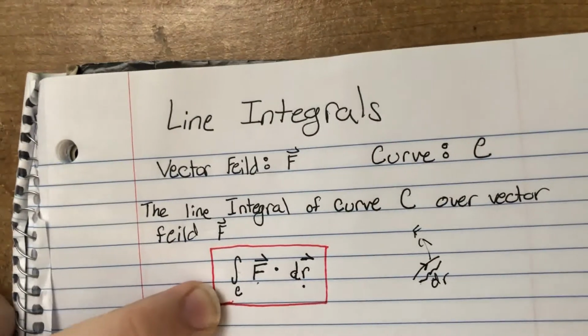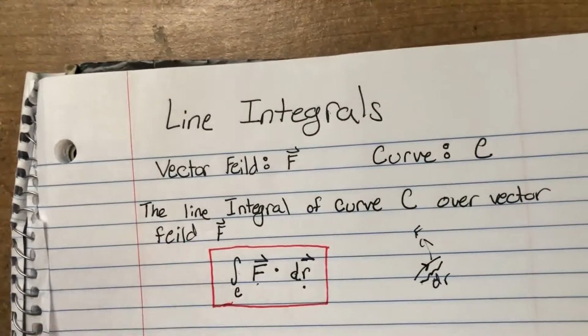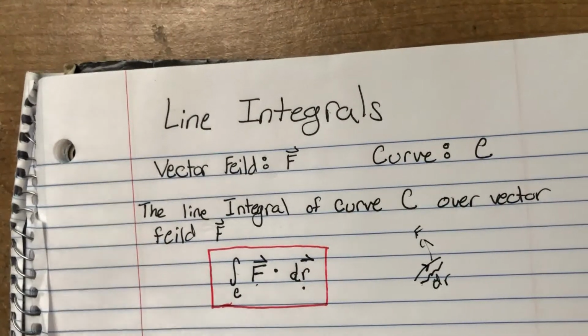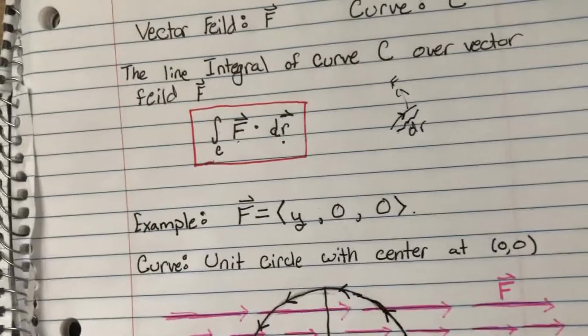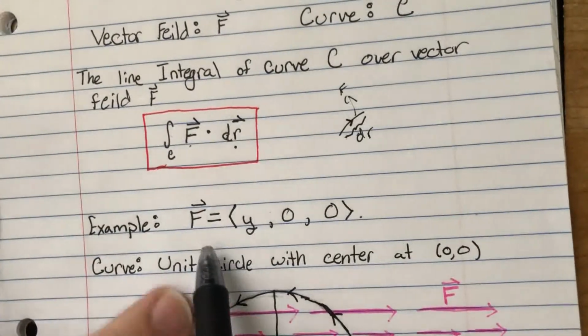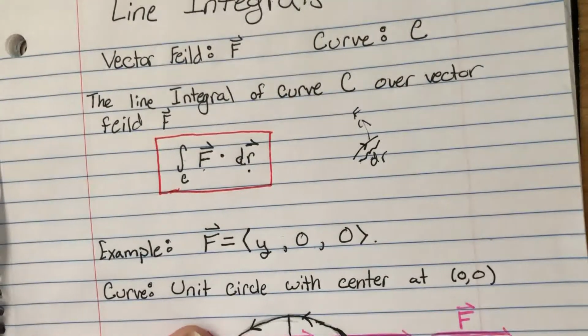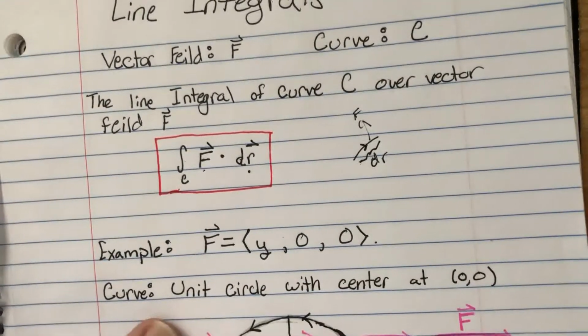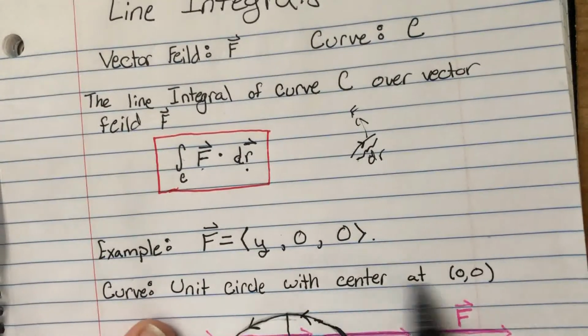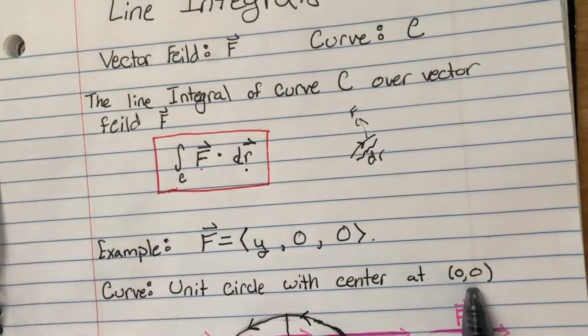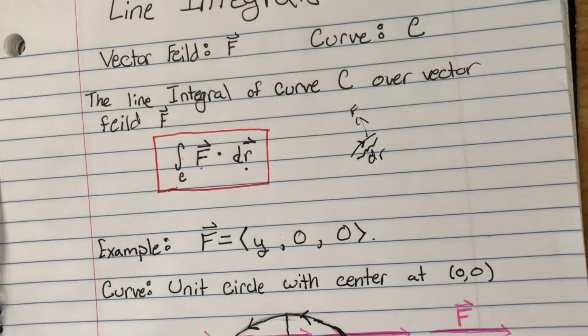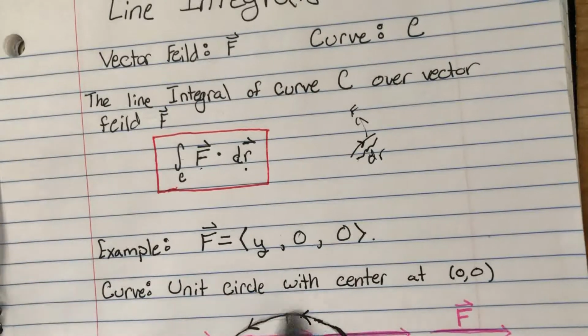So I'm going to go over an example of how you would do one of these problems. So let's say our vector field is defined as this, and the curve we are looking at is the unit circle with center at 0, 0, and we are integrating it counterclockwise.